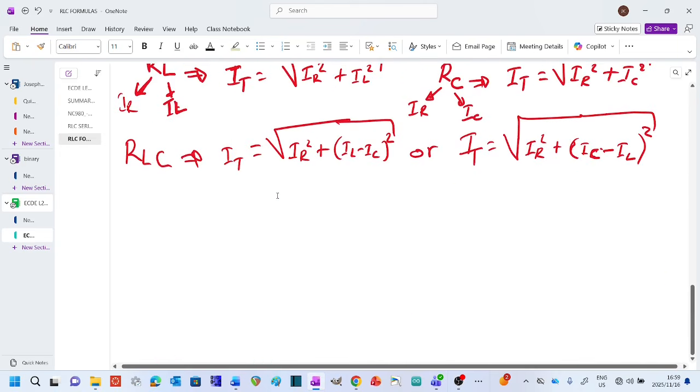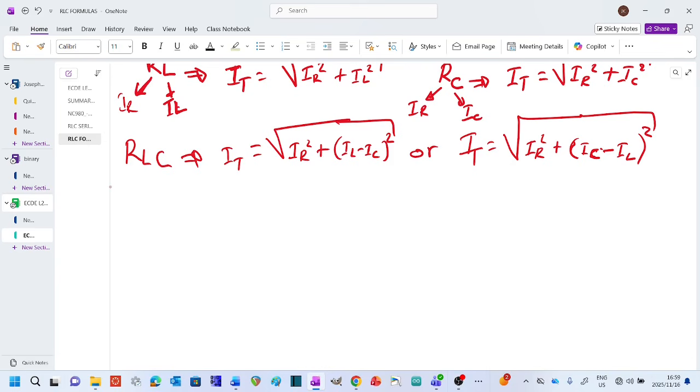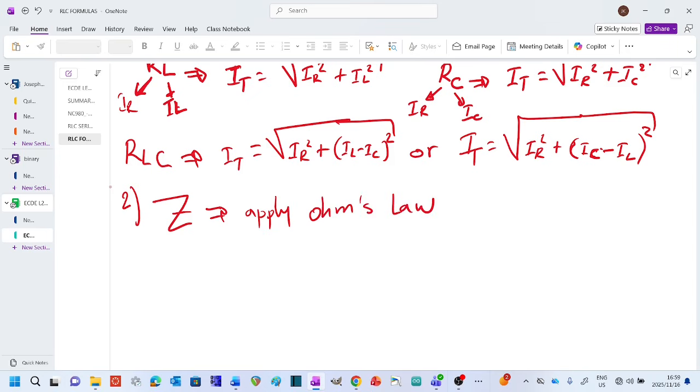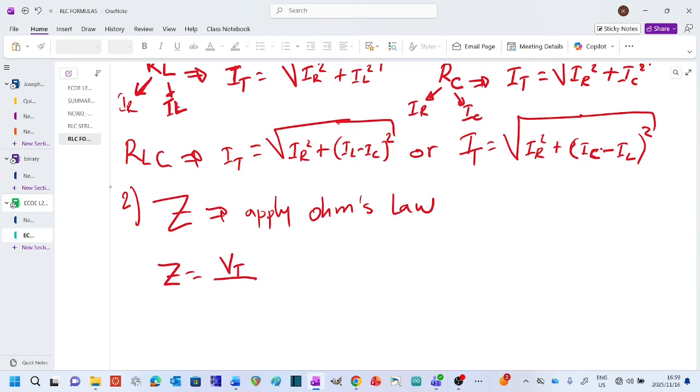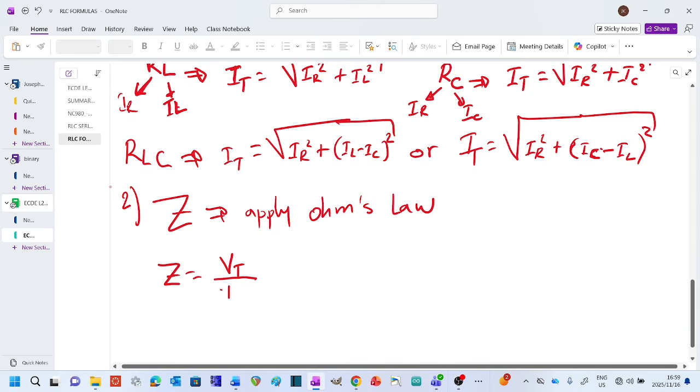Now, number 2, if they ask you in parallel to determine now the impedance Z, this is where you apply simply Ohm's law. So it's very simple. Your Z is equal to V total, the supplied voltage, divided by I total. That's how you determine your impedance of the circuit in parallel.